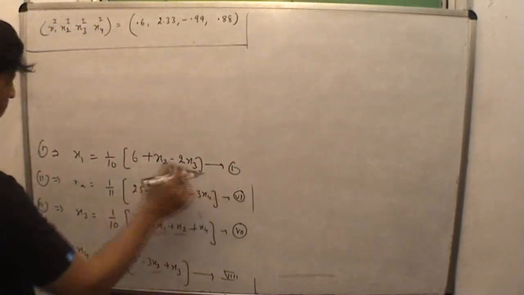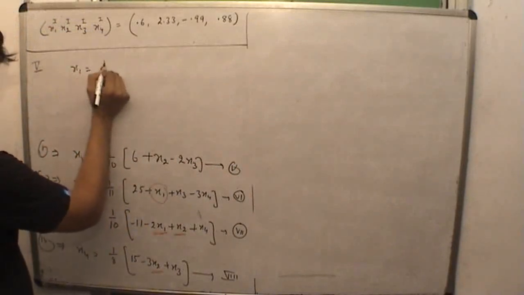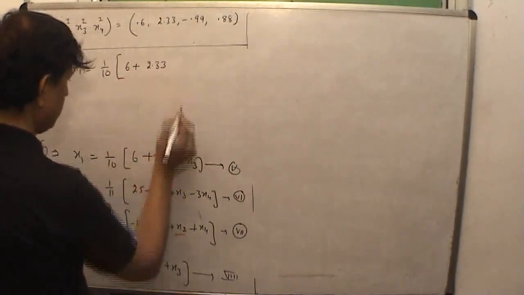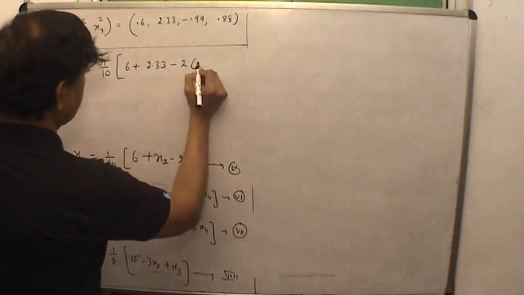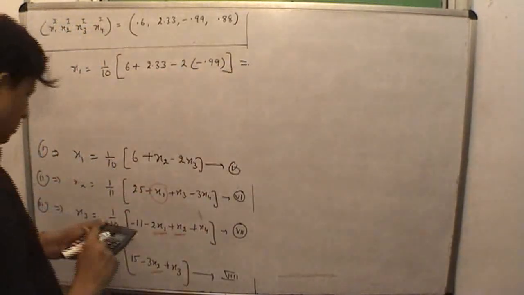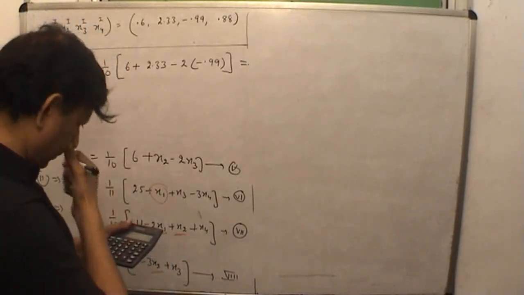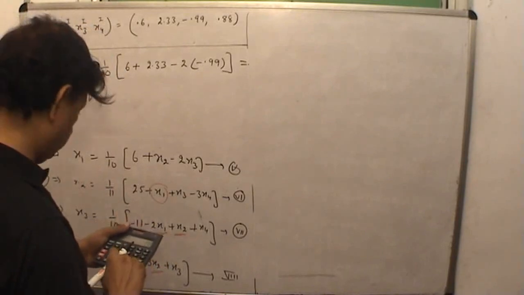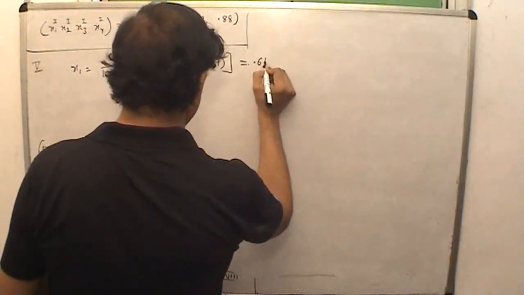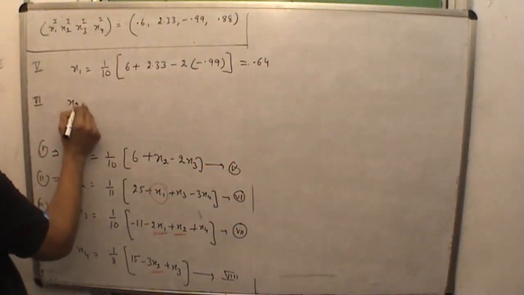Let us start again from equation 5. Put these values: x1 is equal to 1 by 10 into 6 plus 2.33 minus 2 times x3, minus 0.99, and that comes to approximately 0.64.